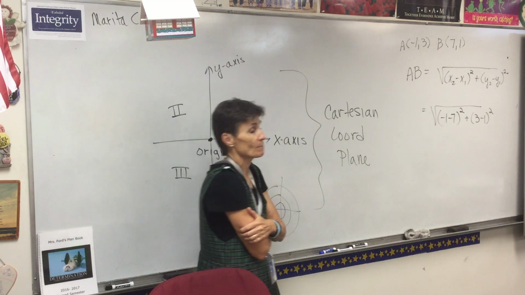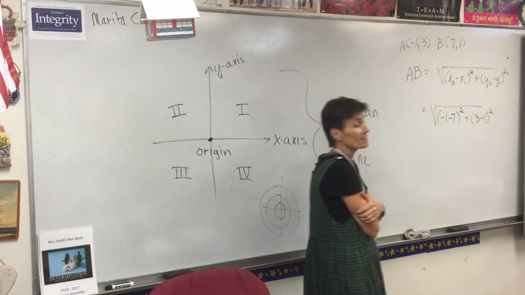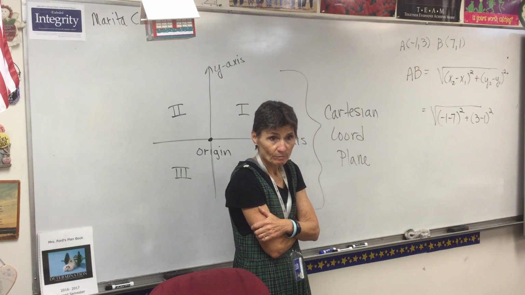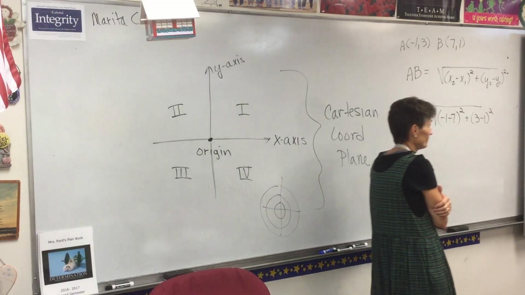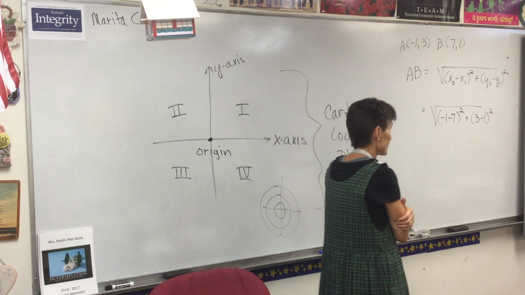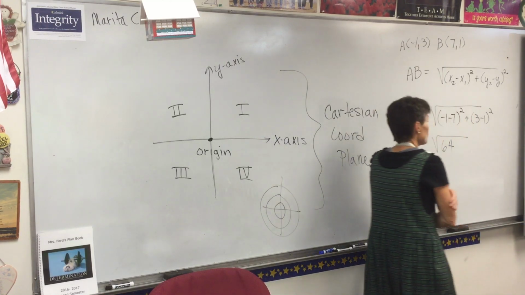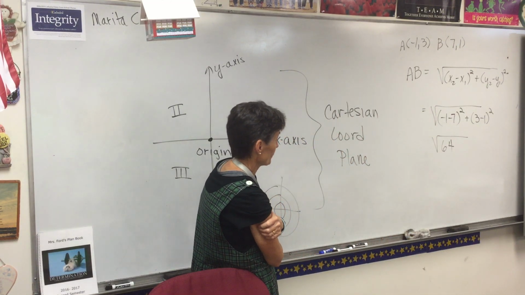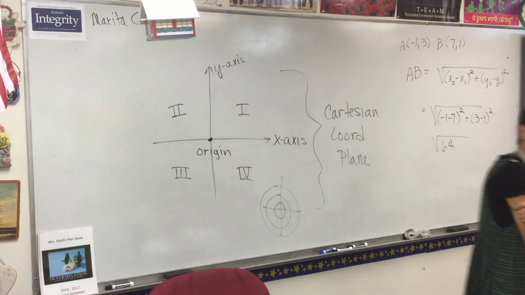You subtract the x's, square them. Subtract the y's, square them. Add them up and take the square root. So, what's -1 minus 7? -8. Squared? 64. Remember, if you're dealing with real numbers, when you square it, it's always going to be positive.